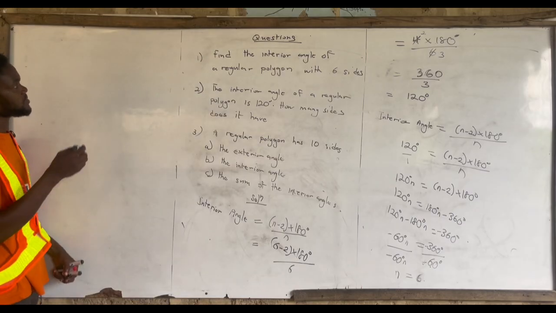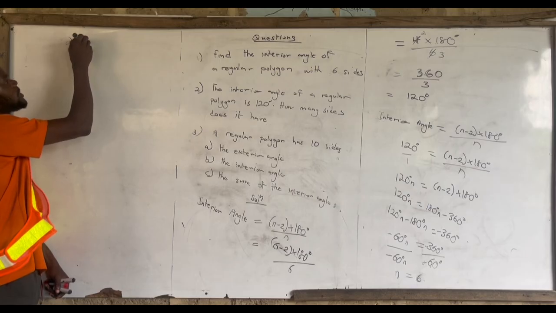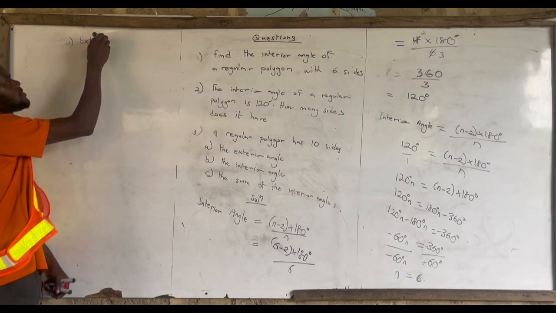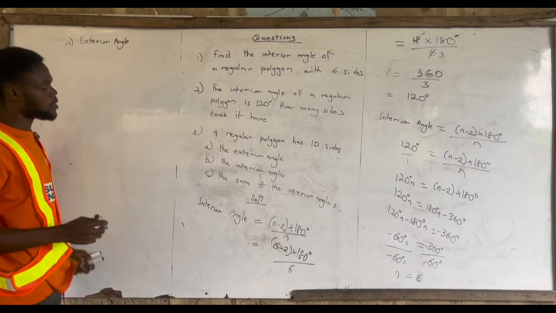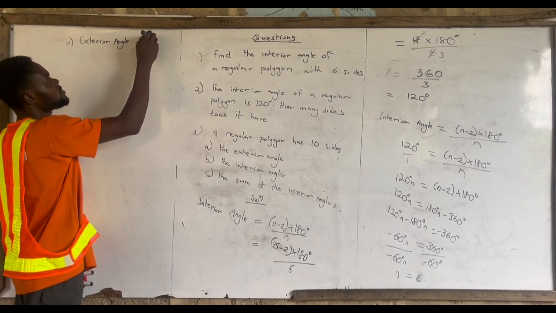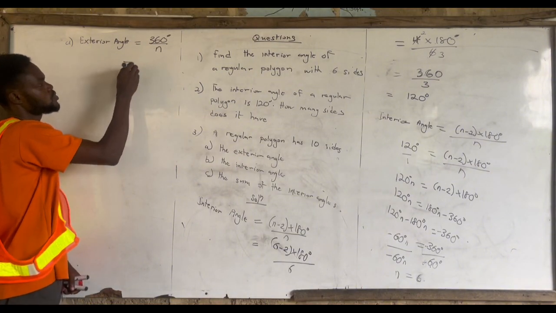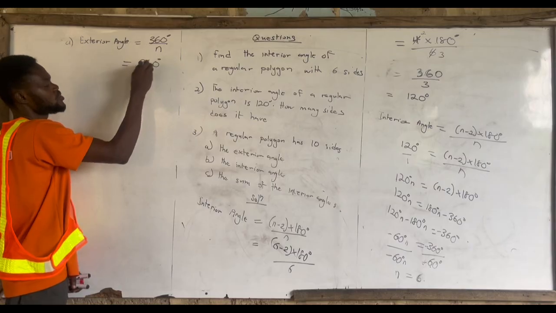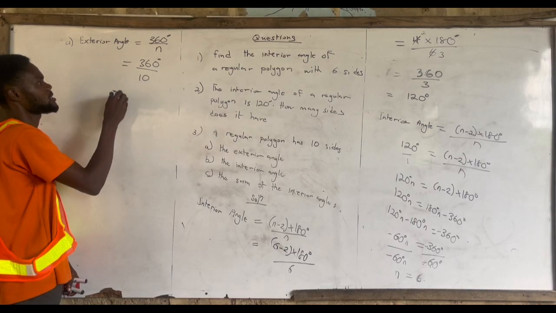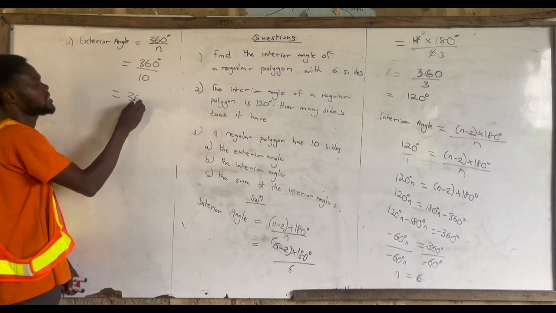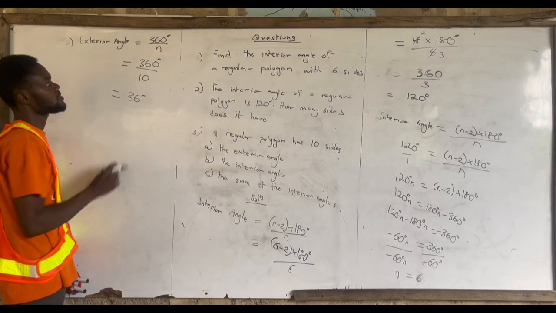The exterior angle of a regular polygon is equal to 360 degrees over n. So 360 degrees over 10 is equal to 36 degrees. So that is the angle.